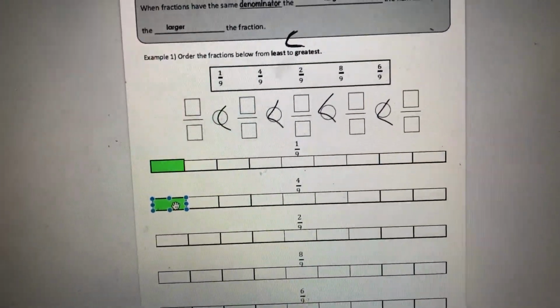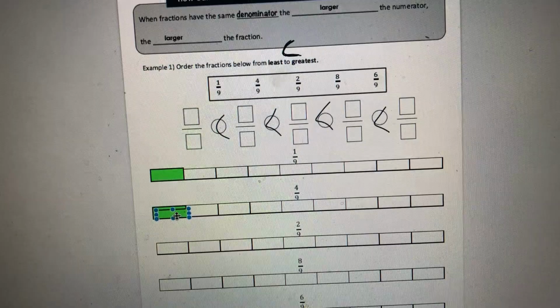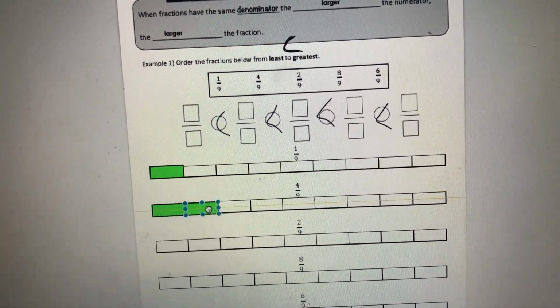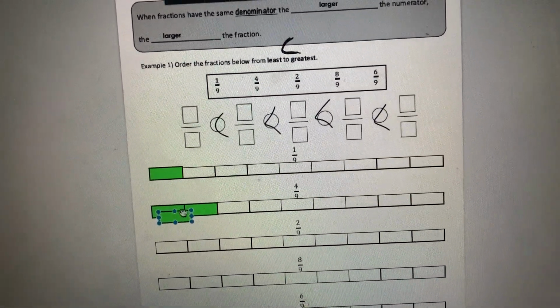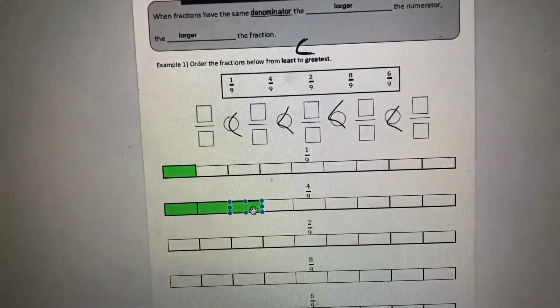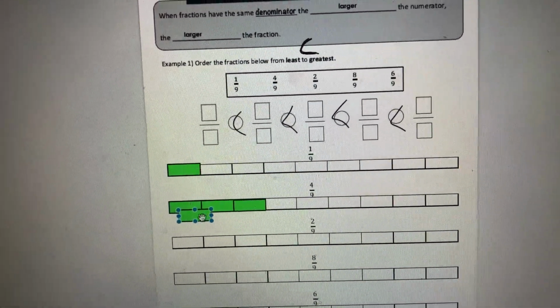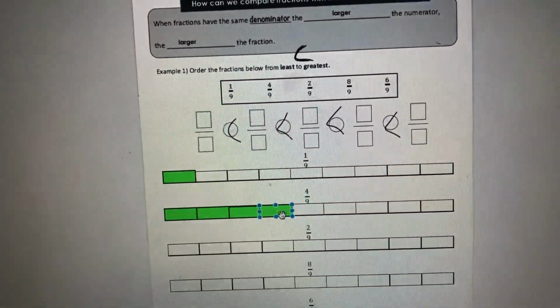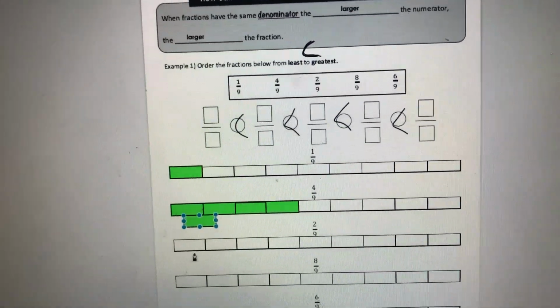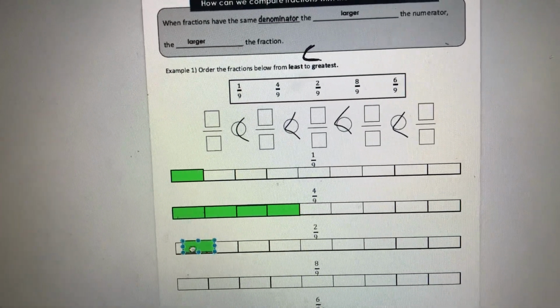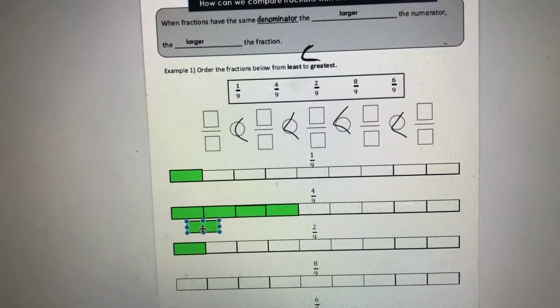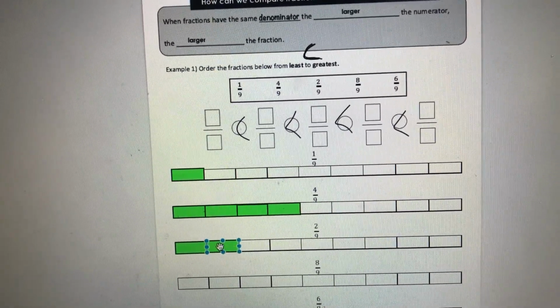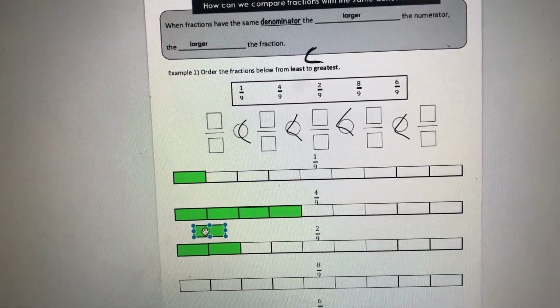I'm going to fill in 4/9 since my numerator is 4, which means I'm going to go 1, 2, 3, and 4/9. I'm going to fill in 2/9 underneath. 1, 2. I have 8/9 to fill in here.